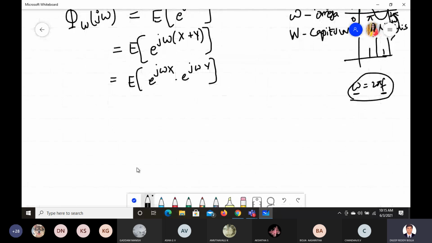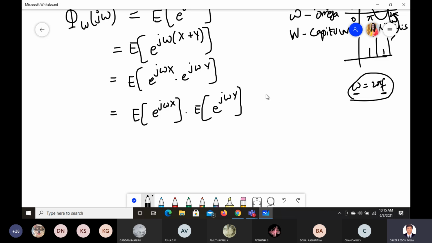Now we can also separate it. If you expand the expectation operator, it will be the expectation of e power j omega X, the separate entity, and into e power j omega Y.